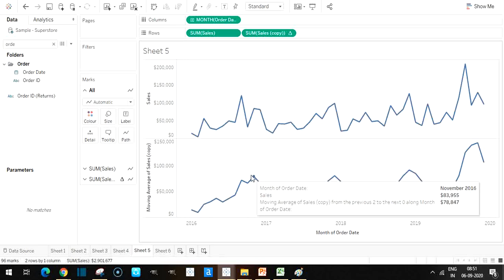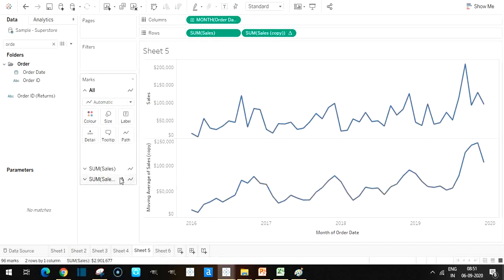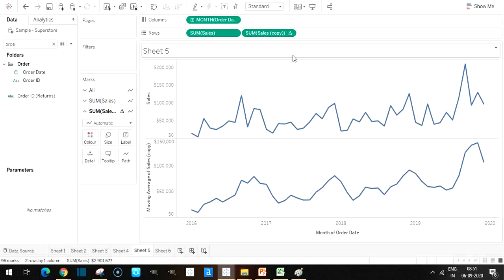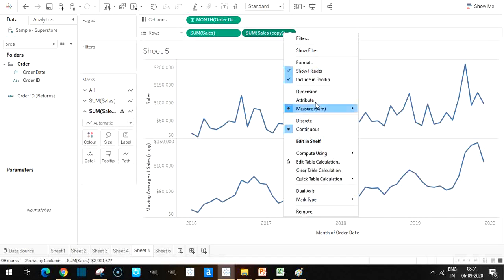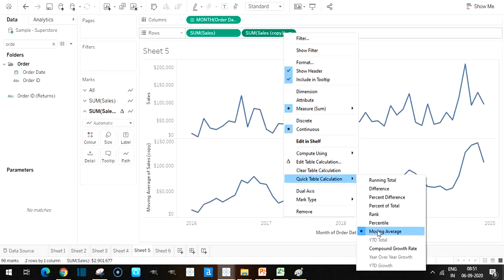This is a very fixed moving average, but we can also customize the moving average as per our own wish. What do I mean by that? In this table calculation, moving average, you have only these options. You do not have the option to customize.